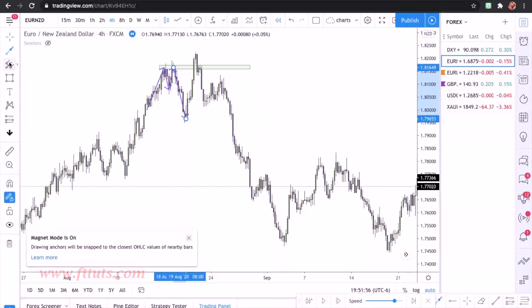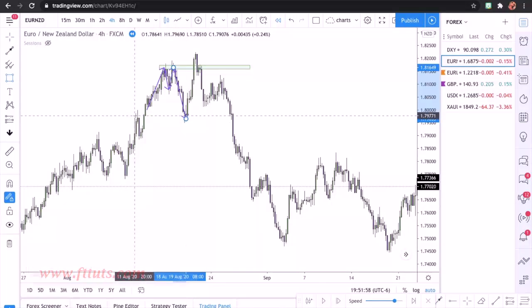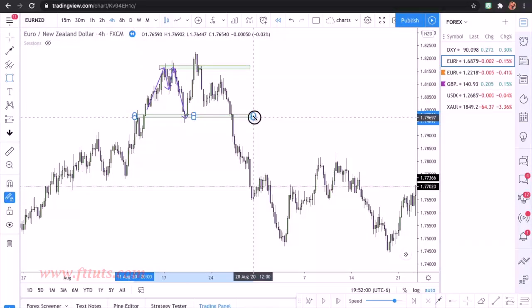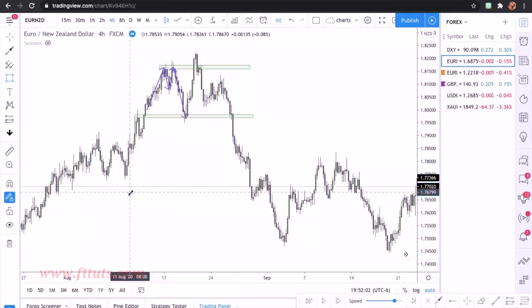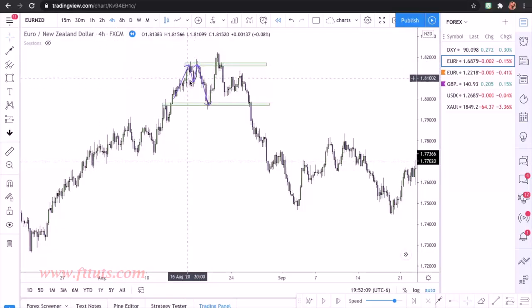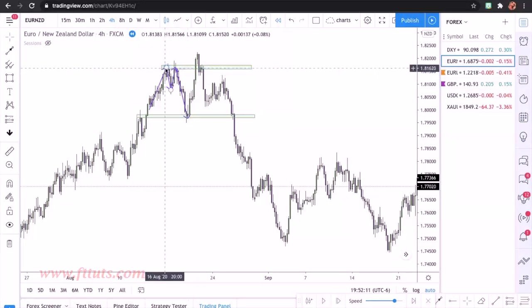What's happening here is we had a massive impulse to the upside, then we have 2 hits on resistance, and then we create our M pattern. After the M pattern creates and we have that impulse leg, it ends up reversing, okay?